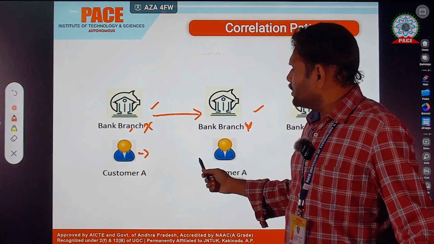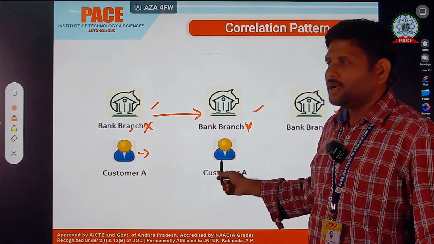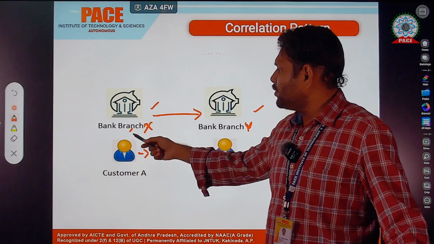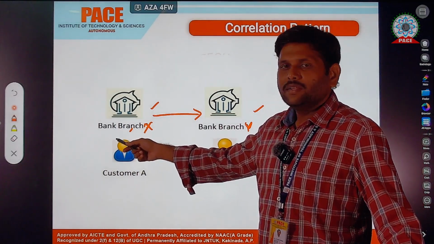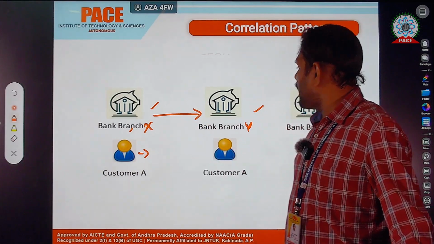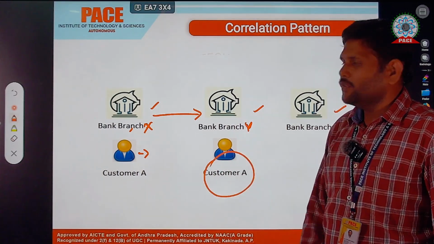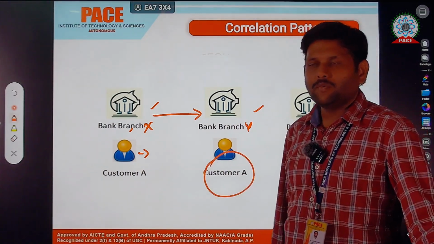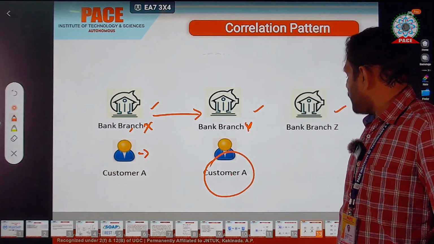In this case one customer changed to another branch, so branch Y sends a request to branch X, branch X verifies that and sends the response back, that means the customer information, back to branch Y. Now branch Y contains this customer information without adding that customer information again in the bank. That can be called the correlation pattern.